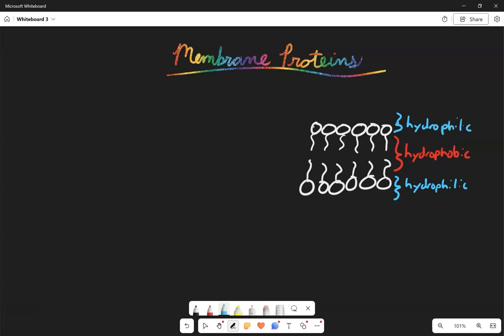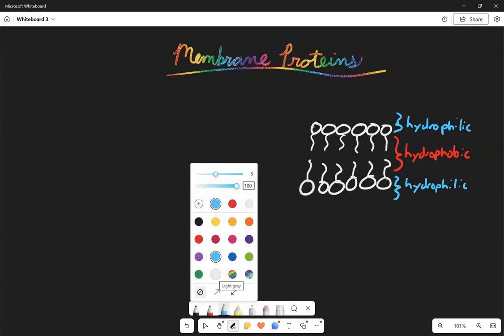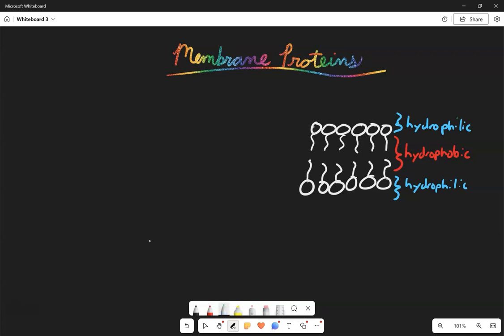Okay. And so that creates an interesting setup for some different membrane proteins and the way the proteins interact with the membrane itself. So you can have a membrane. So let's draw a little bit of a more simplistic membrane.